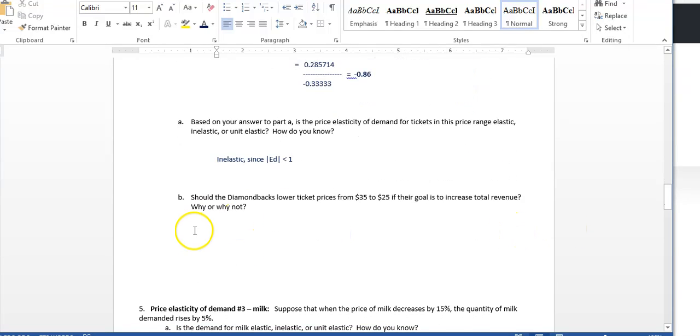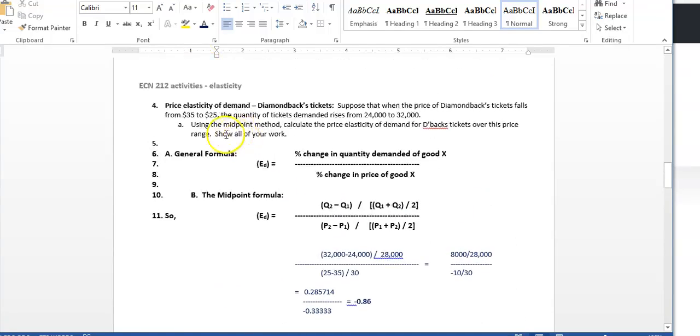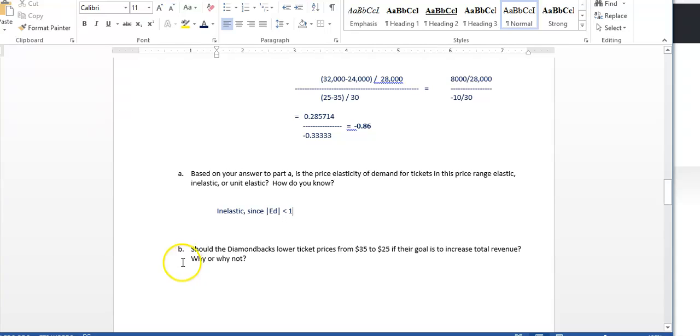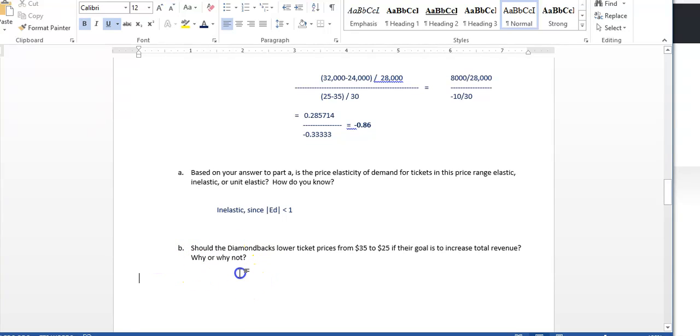And now the last part. This was part A, this was part B, that should say B, not A, and this is part C. Should they lower ticket prices or not? Now, again, you've got to remember there's a relationship between elasticity and revenue. Since we know that demand is inelastic, remember the rule. Inelastic means people are relatively not sensitive to the change in price.